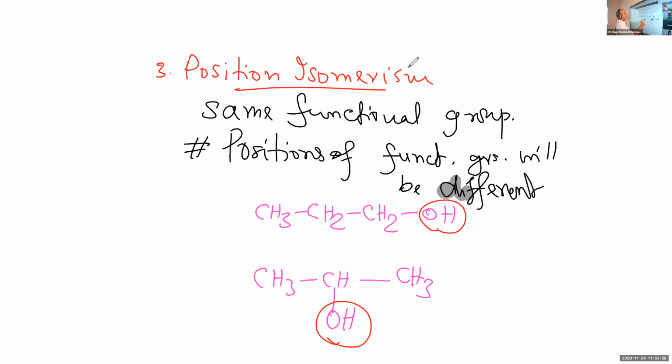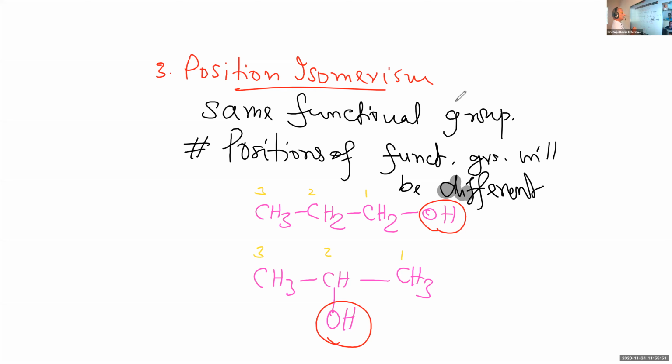You give the numbers of the carbon atoms 1, 2, 3. Similarly, 1, 2, 3. So the positions of the OH groups are different. Same molecular formula, same functional group, but different positions for the functional groups.